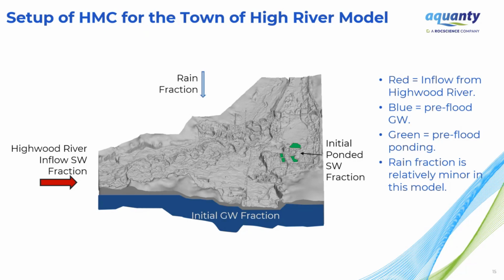The initial groundwater fraction is going to be shown in blue, and the initial ponded surface water fraction is going to be shown in green. The rain fraction in terms of this analysis is fairly small, so I haven't really included it here.